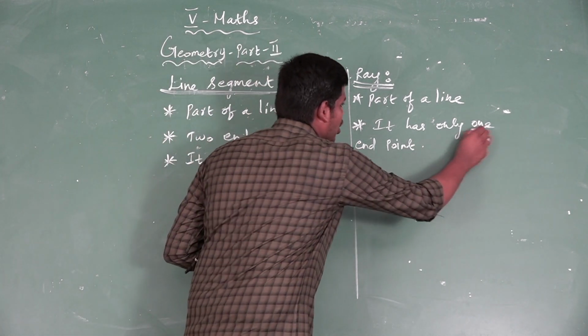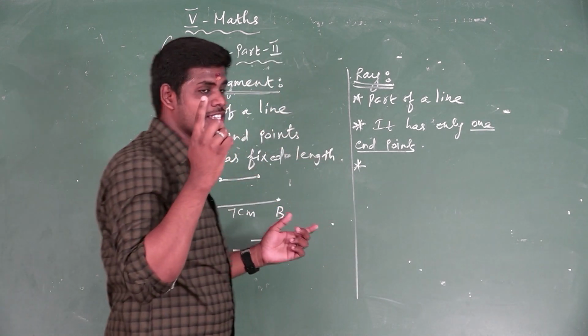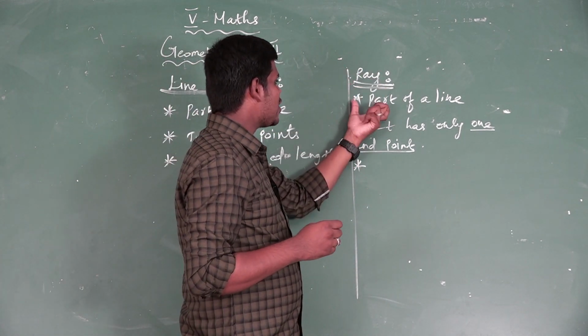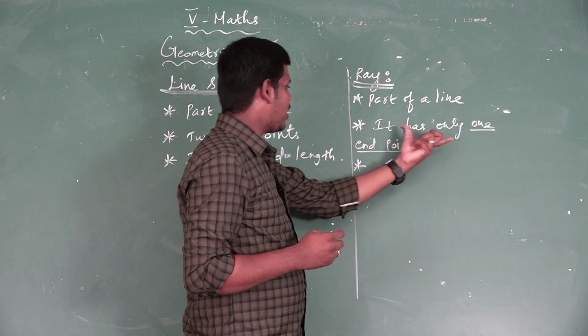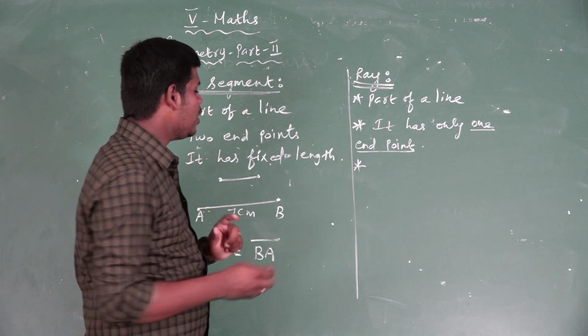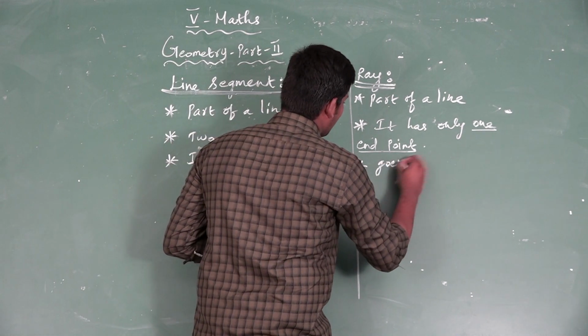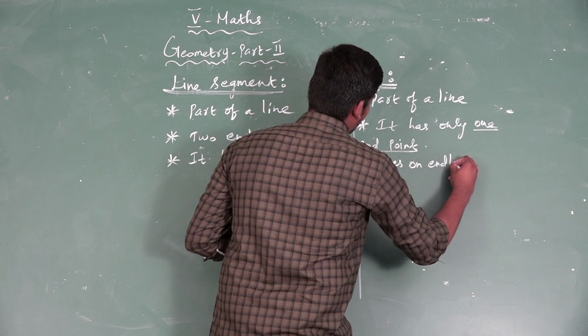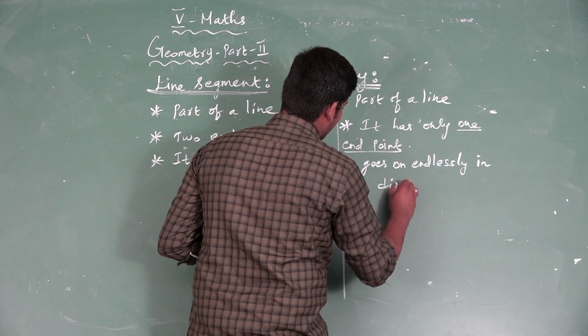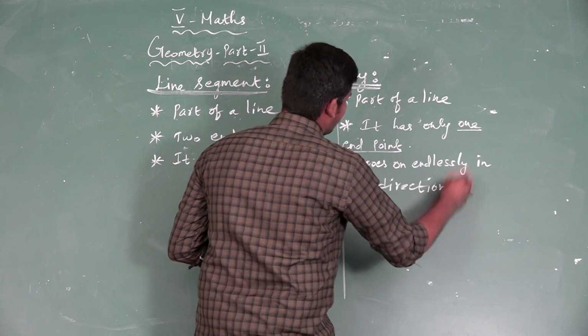Only one end point means how many directions will it go? Only one direction. So a ray is a part of a line, it has only one end point, and goes on endlessly in one direction. That is called ray.